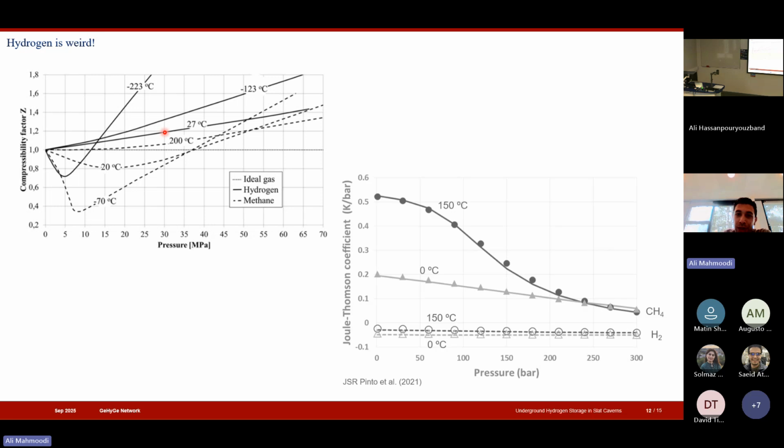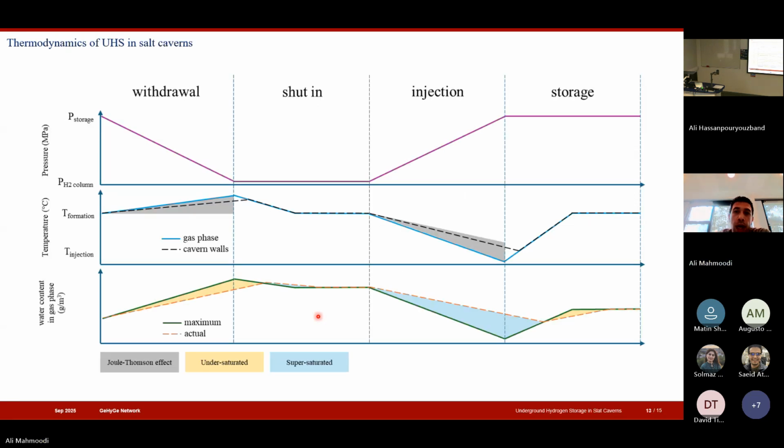And more importantly, the Joule-Thomson coefficient for hydrogen is negative. It means basically when you compress hydrogen, instead of warming up like a normal gas would, it cools down. And that changes everything in terms of condensation and evaporation compared to a methane storage salt cavern.